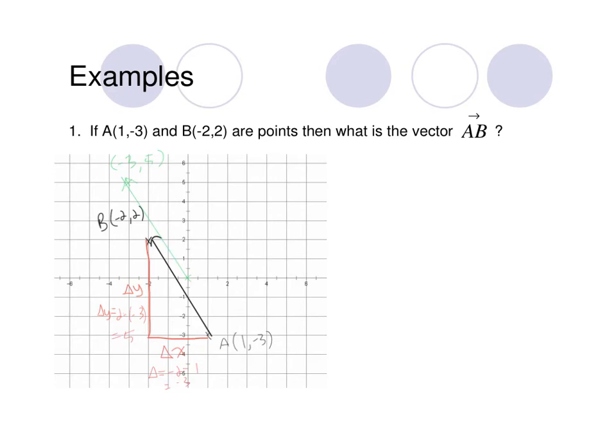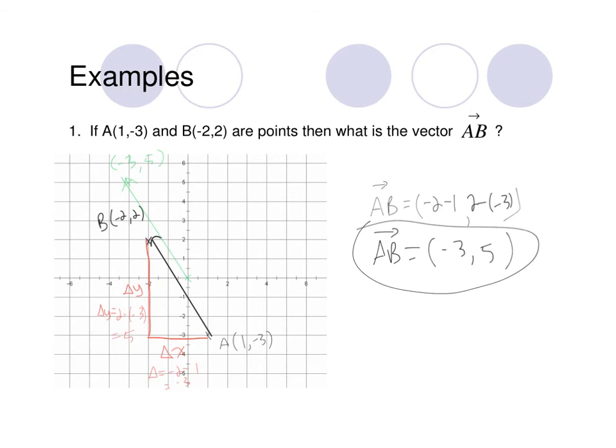We'll also show how we got it: the x-coordinate is -2 minus 1, and the y-coordinate is 2 minus -3, for the final point of -3, 5. That terminal point is our vector AB.